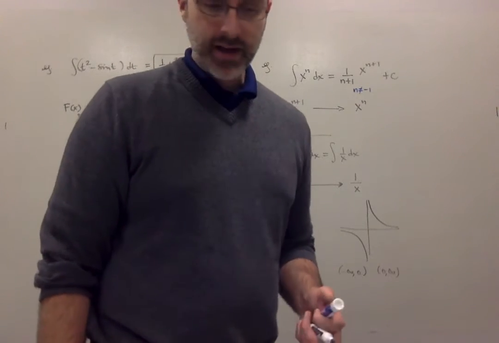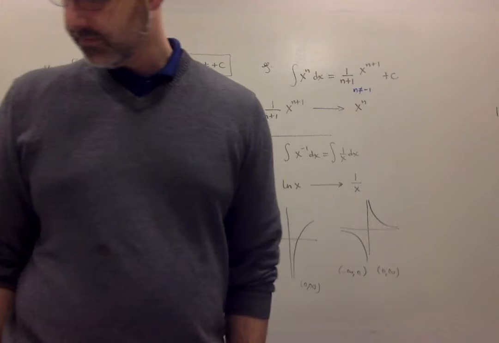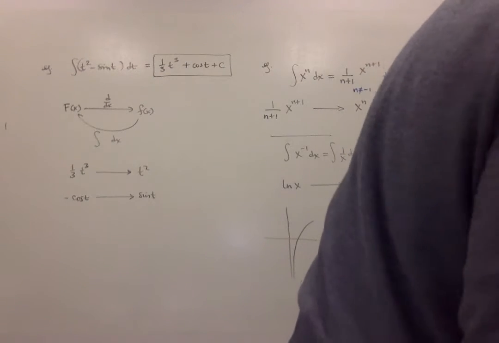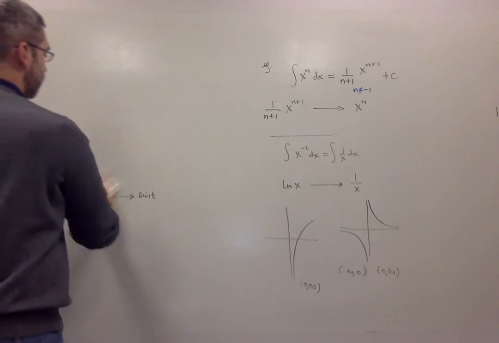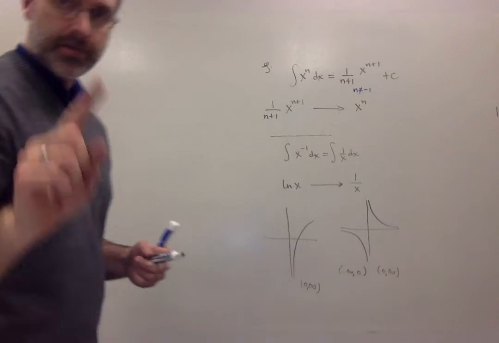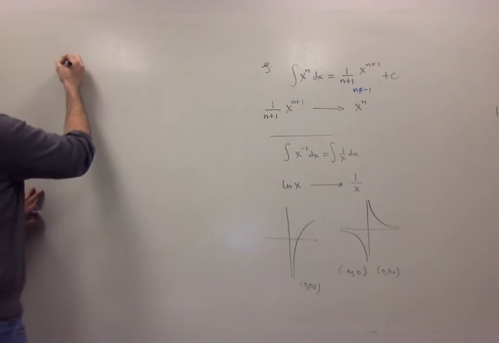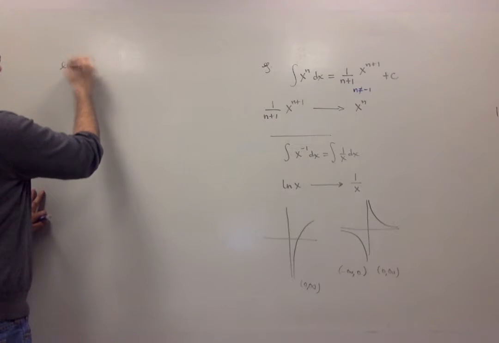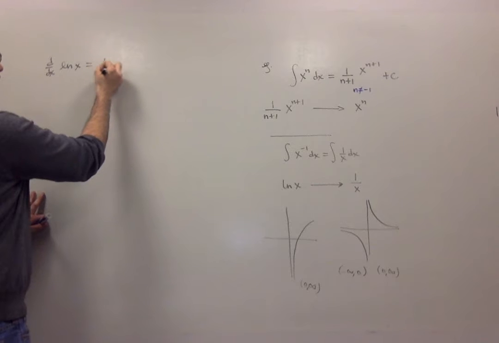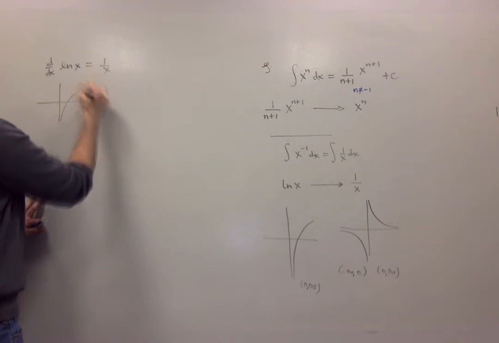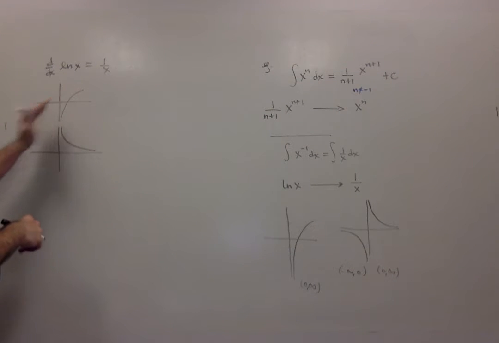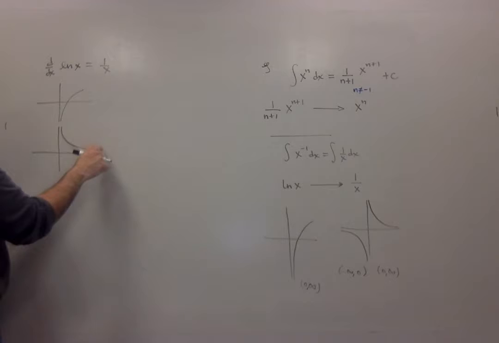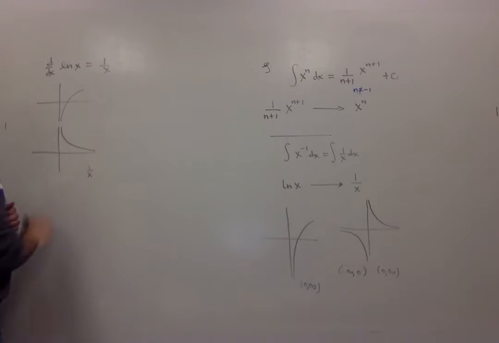Okay? Let's back up for a second. One of the things that we thought about when we first did the natural log, when we talked about natural log of x and how the derivative of natural log is 1 over x, one of the things that I mentioned was that the domain of natural log of x is 0 to infinity, and when we graphed what the derivative would look like, we noticed that it looked like this, and that actually was the part of the function of 1 over x.